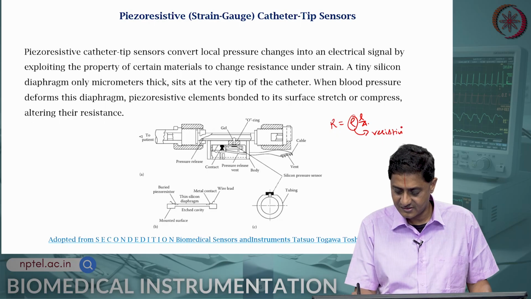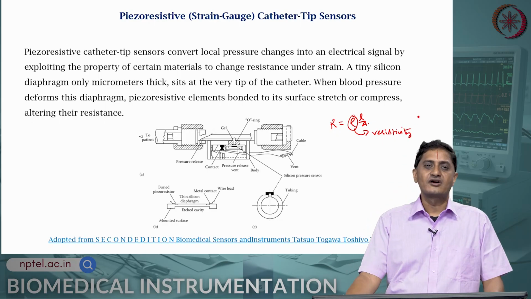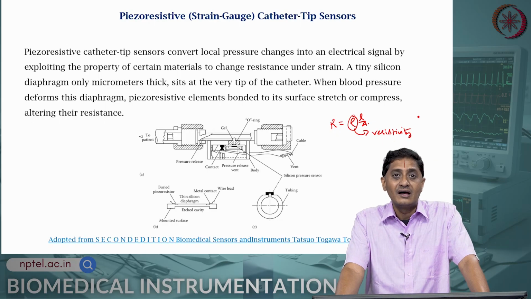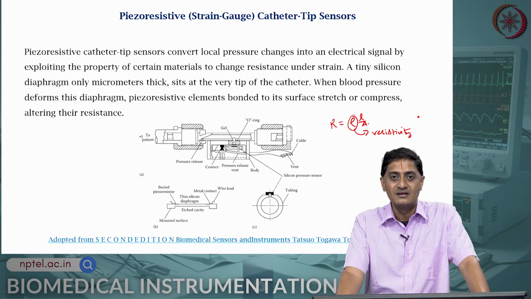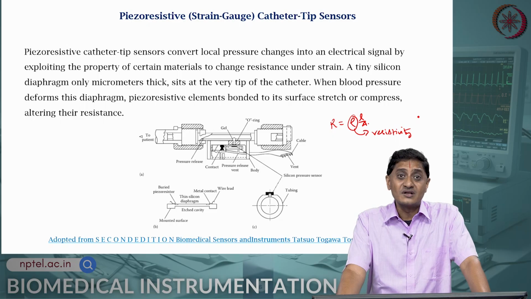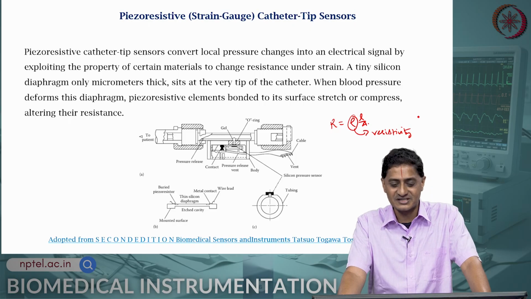This is for a metal. Geometry is reflected in L and A, whereas rho essentially captures a material property, which is resistivity. But for semiconductors, rho is also something that can change, and we exploit this characteristic of semiconductors to measure forces or pressure.